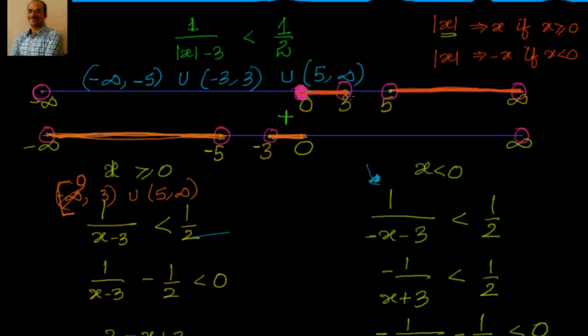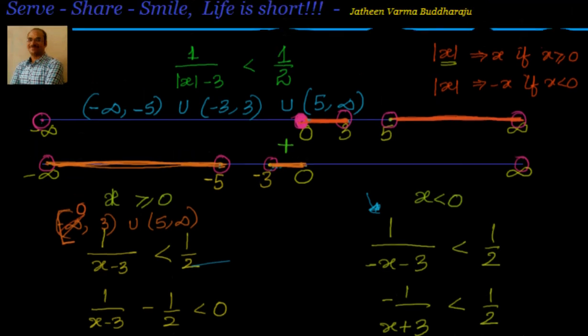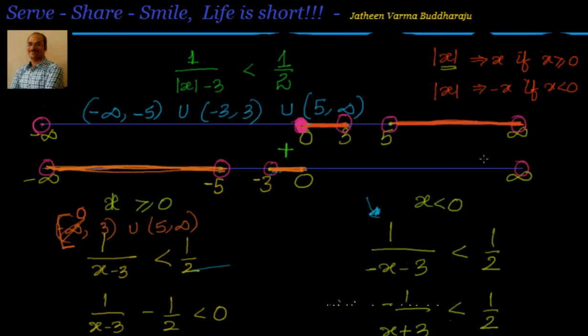Now these are two scenarios, so when you club them, you will have minus infinity to minus 5 and minus 3 to 3, because there is continuity you can see here. So this becomes minus 3 to 3 interval, then you will have 5 to infinity. So that's about the problems related to modulus functions as part of linear inequations.